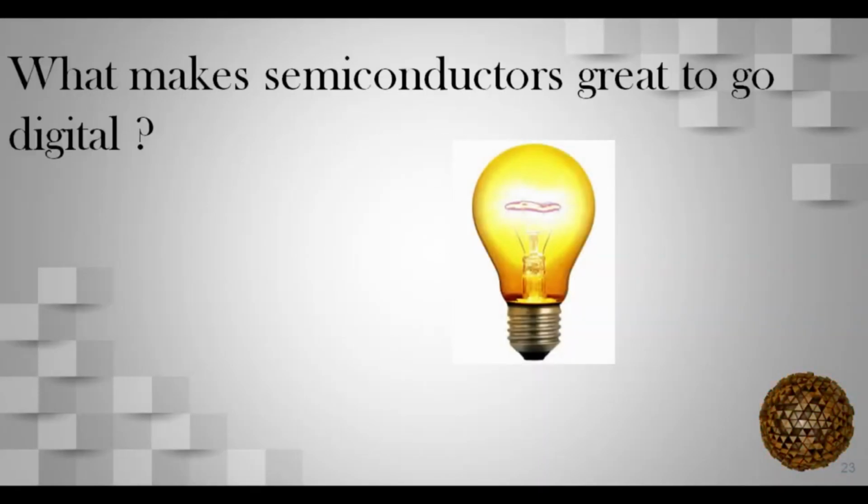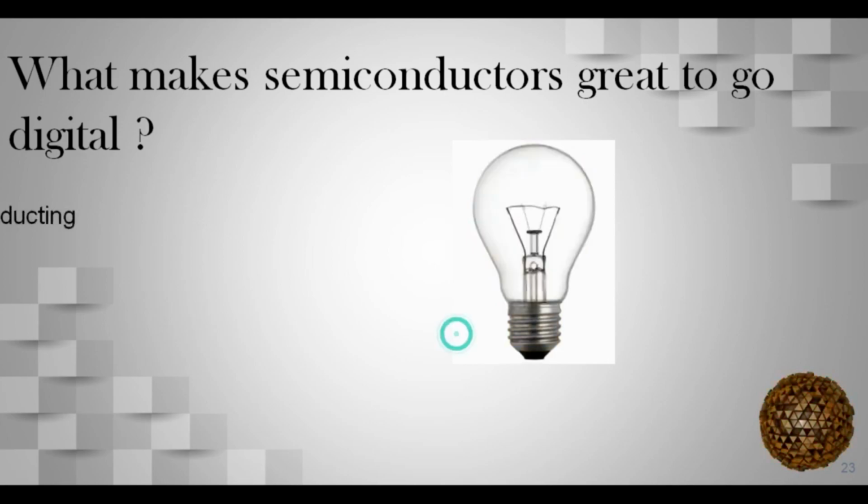So, why are semiconductors so great? Previously, why were things so analog and so heavy and bulky, and now why are things becoming so flat and so user friendly? For that, let us have the discussion about the semiconductors.